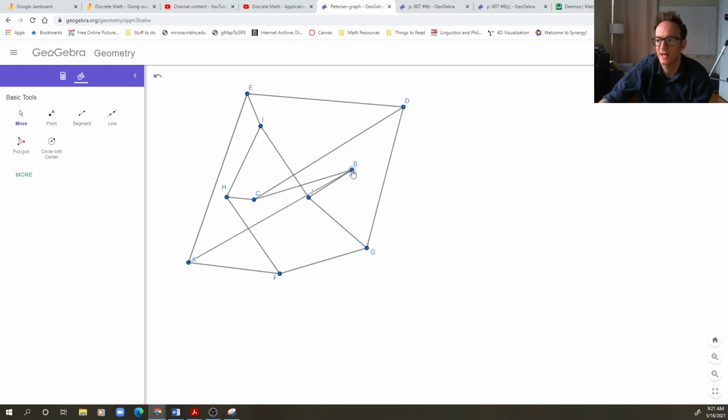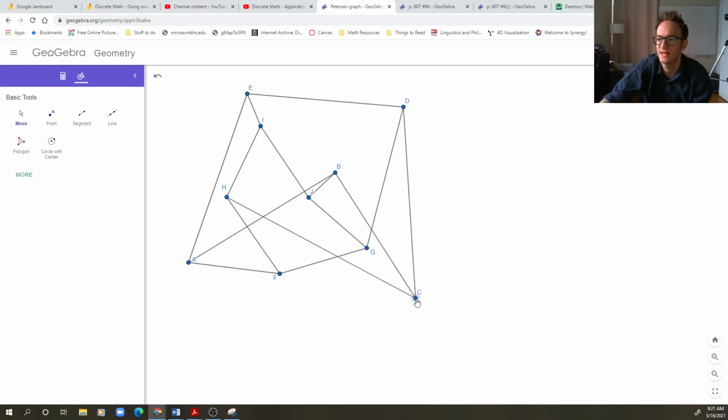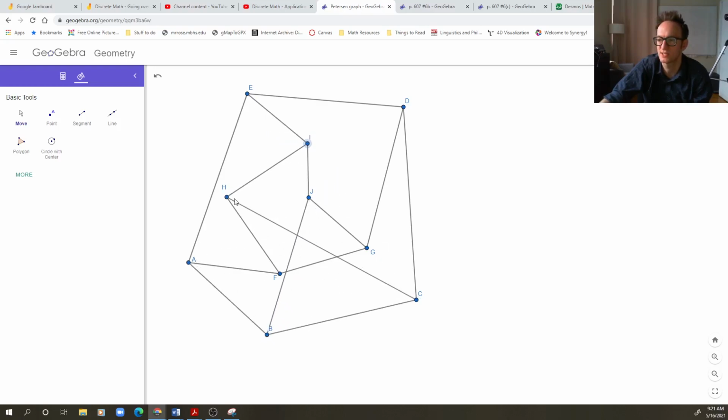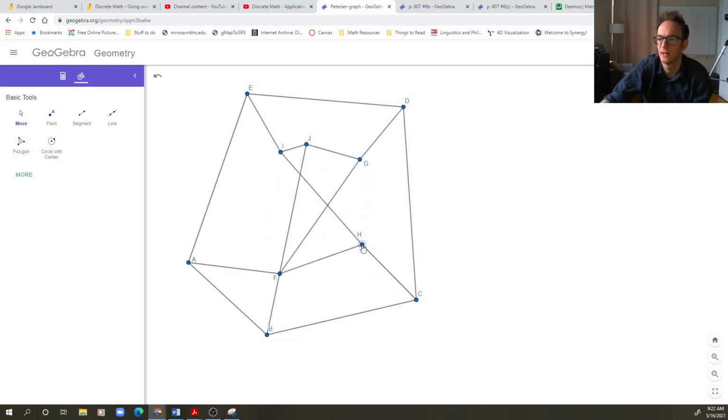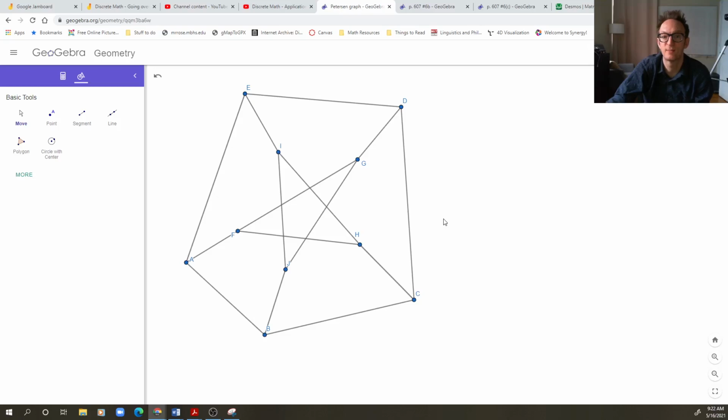So drag, and then D is connected to C, and C is connected to B, and B to A. So now, what have I just done? I have just shown, almost, we're getting there. What the heck? Oh, okay, hold on. Being dumb for a second. H and F and J. Boom. It's the Petersen graph again.